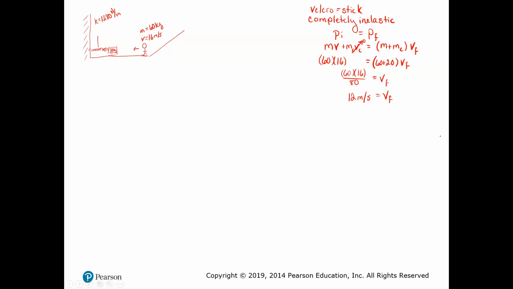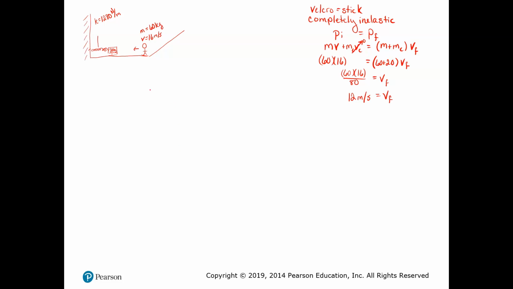So that was part A. That is my final velocity after the collision. That is reasonable if we say positive is down the hill going over towards the left. The sign matches because we're not suddenly going up the hill backwards. So then next we want to know what is the maximum compression of the spring.